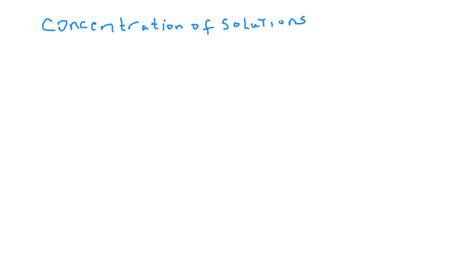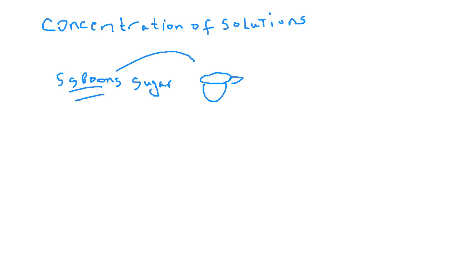So if I add 5 spoons of sugar into a cup of coffee, that's the concentration. It's 5 spoons per cup. If I add 8 spoons, that's the concentration. 1.5 spoons, that's the concentration. So it's the concentration of solute over solvent.